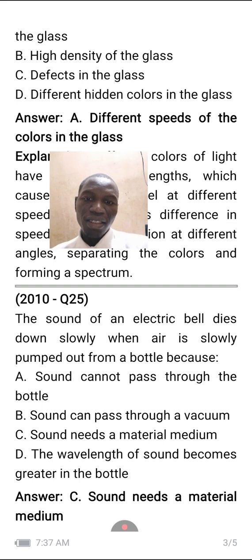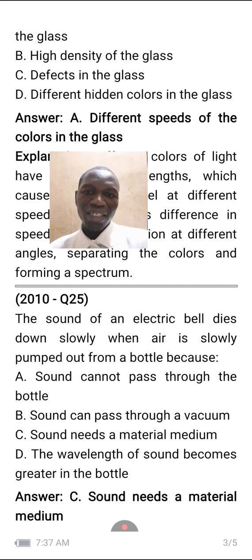Okay, let's see which one is the answer. A, sound cannot pass through the bottle. No. B, sound can pass through a vacuum. No. C, sound needs a material medium. Yes. D, the wavelength of a sound becomes greater in the bottle. No. Now, have you ever thought that there are times that you hear noise in your environment more than at other times?